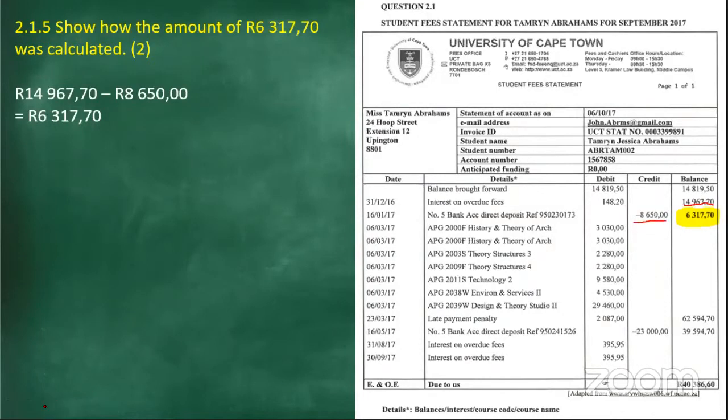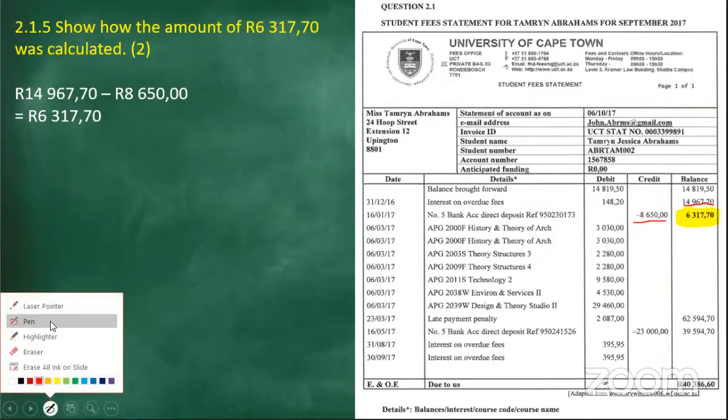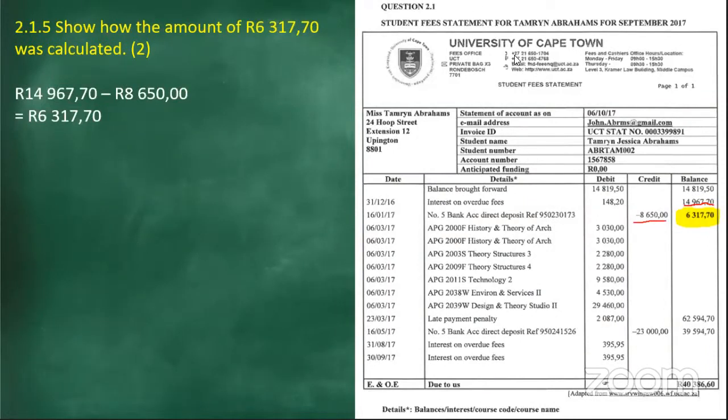We are lucky enough in this statement, they're even showing us the sign of what to do with the values in that column. They are indicating that for the credit, you subtract. Debits is a positive number, so you add it. So that's why it's easy enough. These are free marks. The 14,967 rand 70 cents minus 8,650, you will get your 6,317 rand 70 cents.